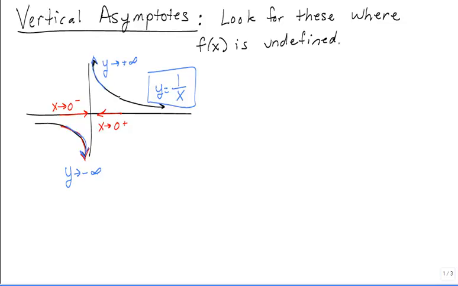That's what we're looking at. So this right here is a vertical asymptote. If your limit ends up being positive or minus infinity, then it's a vertical asymptote. And this is at x equals 0, or the y-axis.